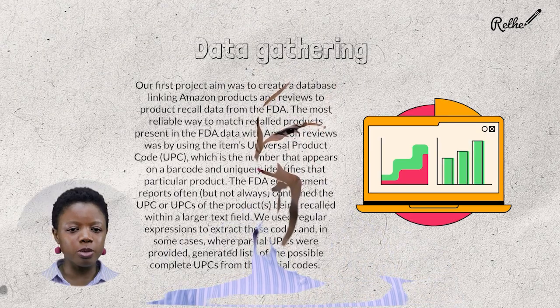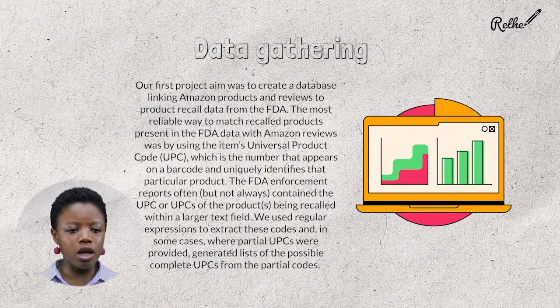Under the same heading, we describe how the data was organized. Our first project aim was to create a database linking Amazon products and reviews to product record data from the FDA. The most reliable way to match recall products present in FDA data with Amazon reviews was by using the item's universal product code, which is a number that appears on the barcode and uniquely identifies that particular product.